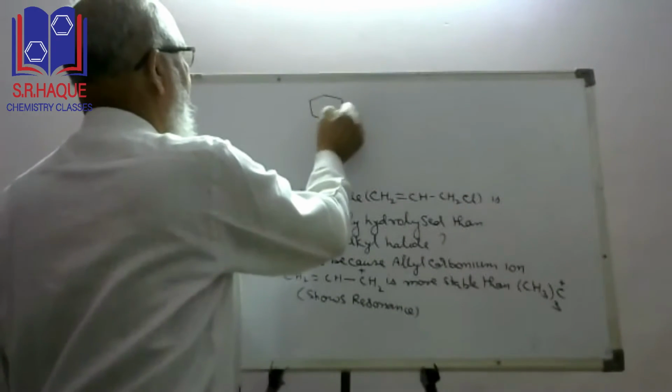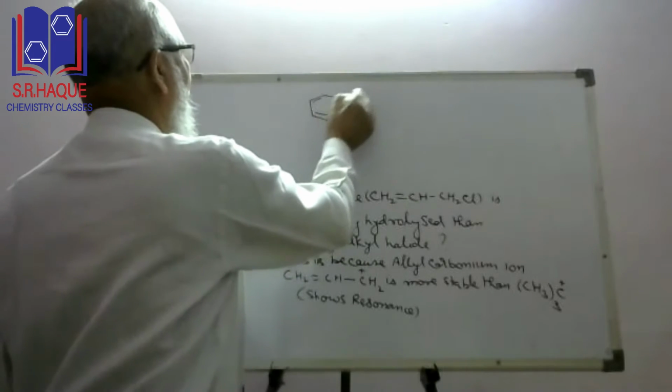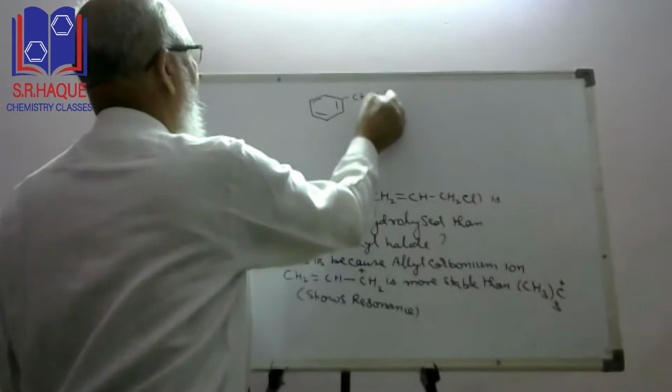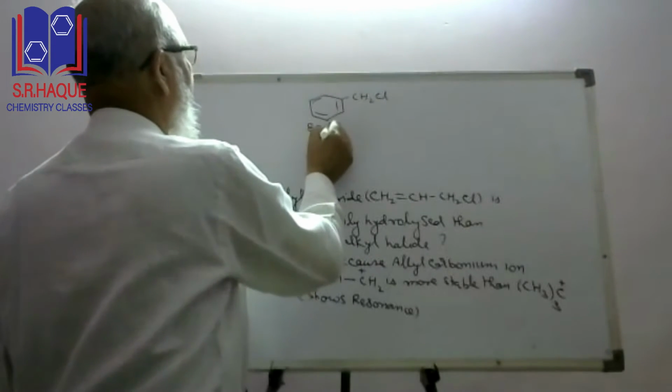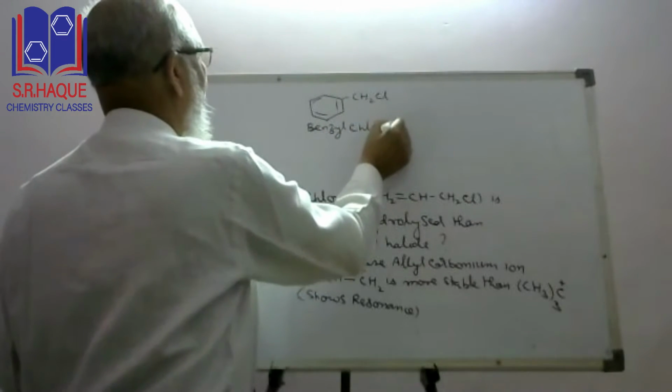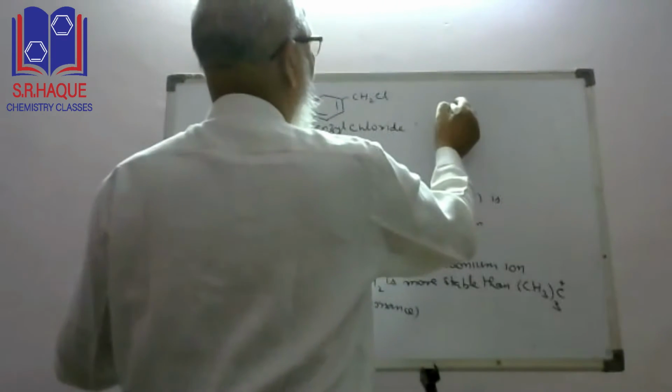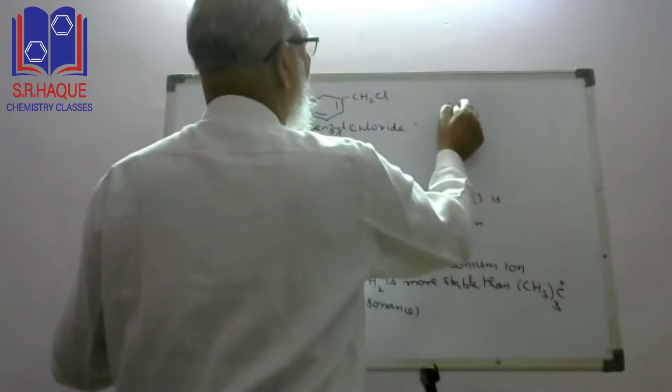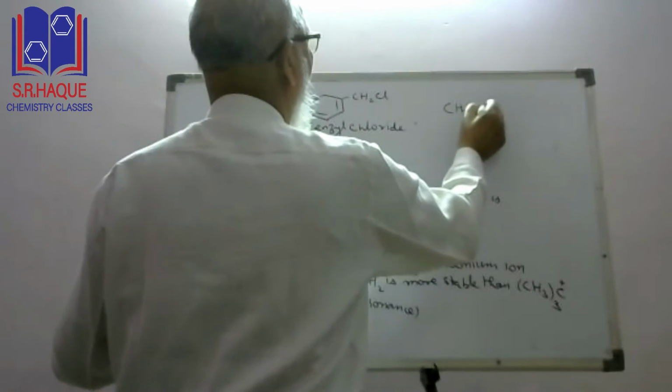Similarly, if there are two compounds like this benzyl chloride and this is your allyl chloride.